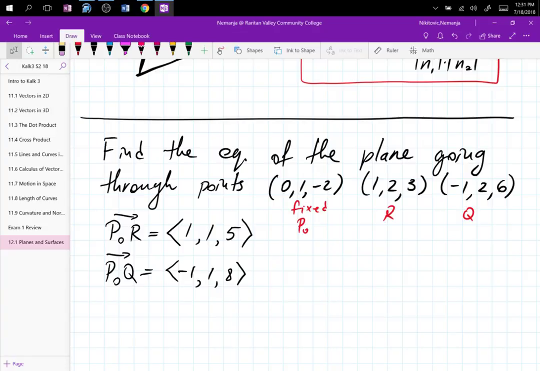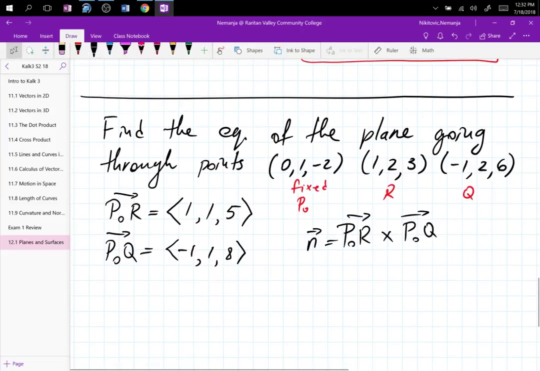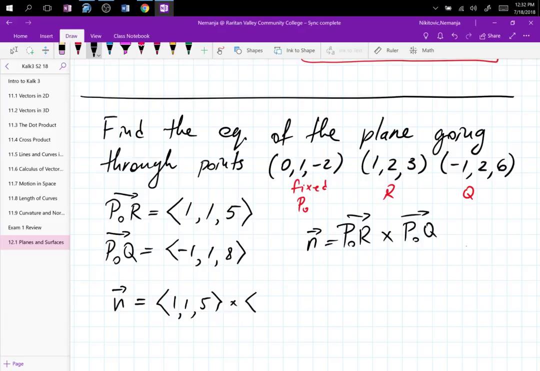The normal vector n will be the cross product of P0R and P0Q. So for the normal vector n, we have 1, 1, 5 cross with -1, 1, 8.